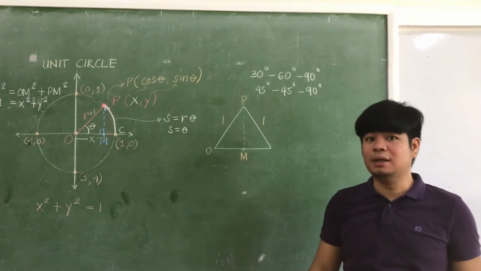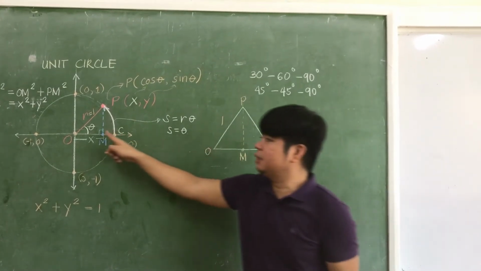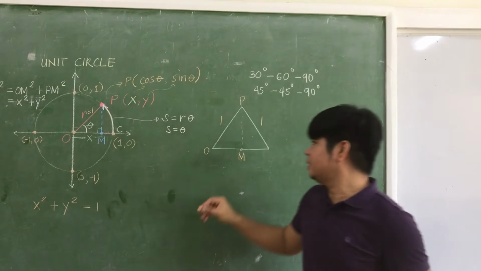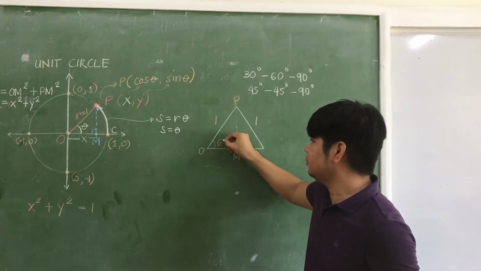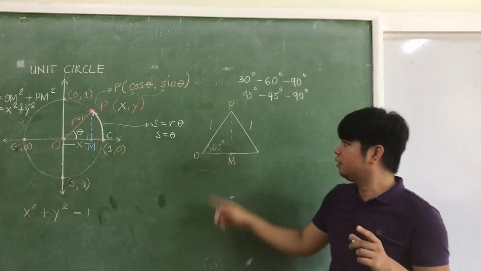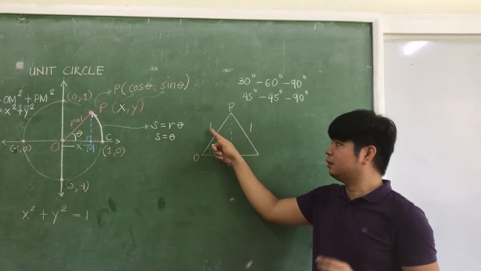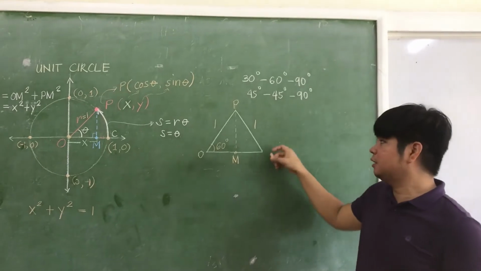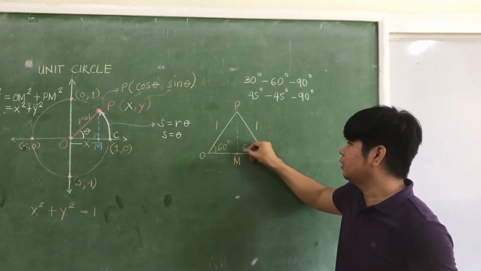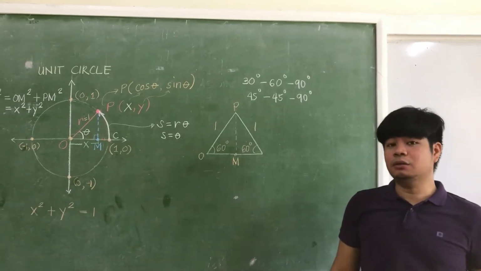This is also 1. Now, if I assume that this theta is 60 degrees, and by the rule, if the opposite side of this 60 degree angle is 1, and this is 1 also, its opposite angle must also measure 60 degrees.